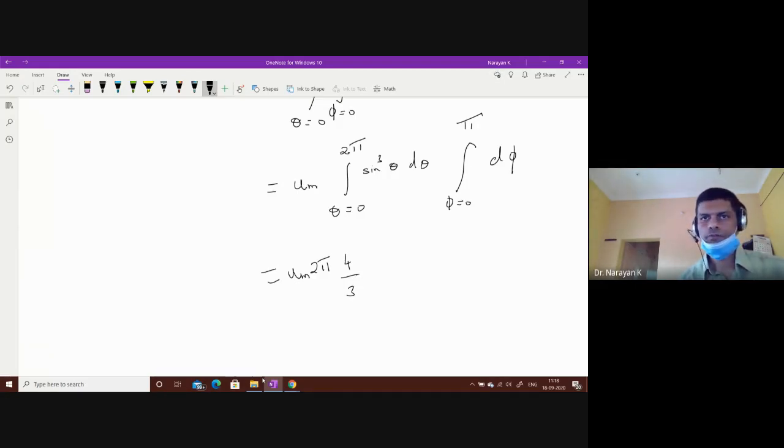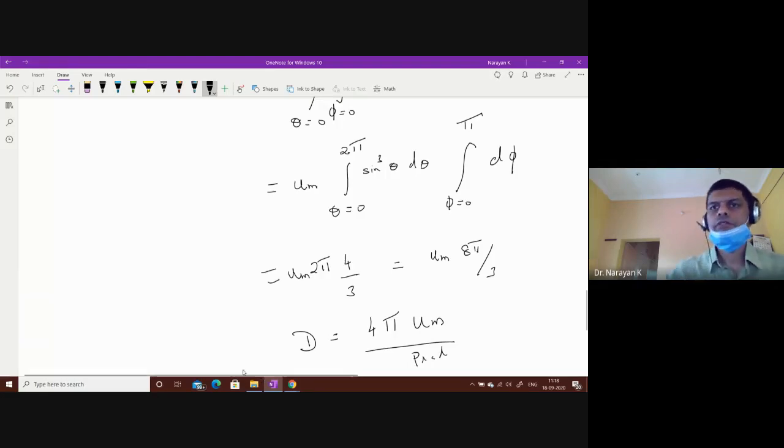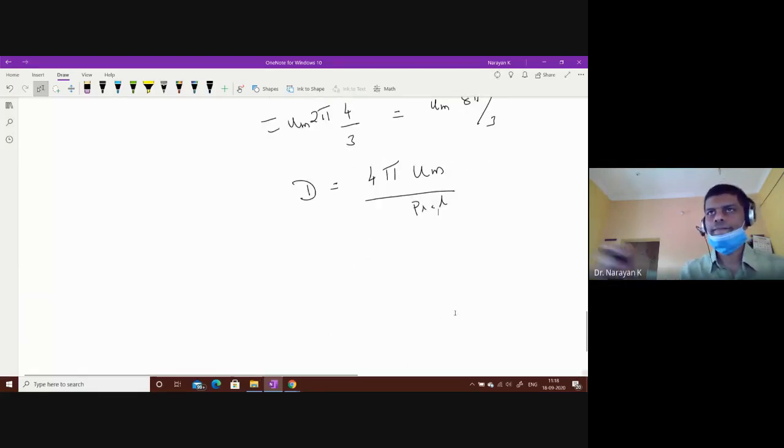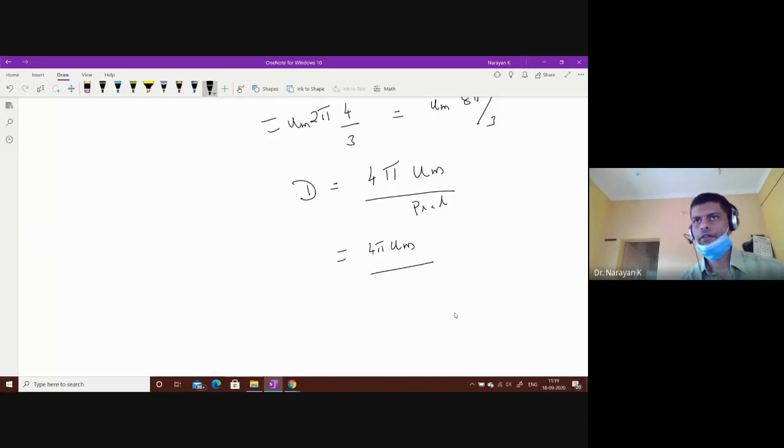So this will be 8 pi by 3. Now find the directivity, 4 pi U max divided by power radiated. So what will you get next? 4 pi U max divided by U max 8 pi by 3.